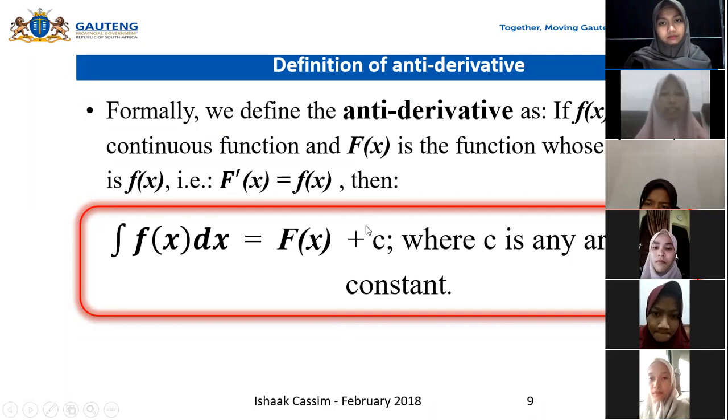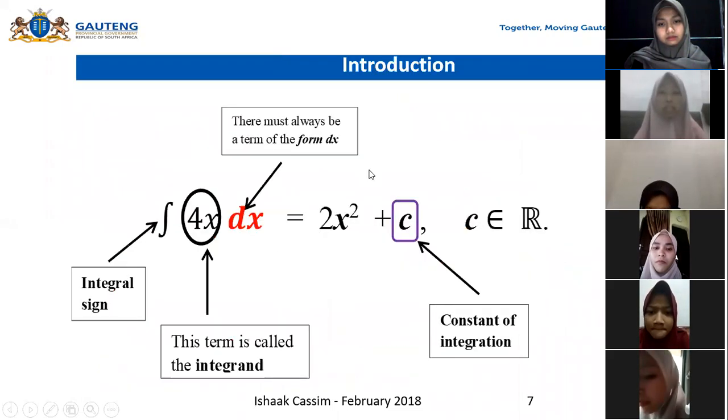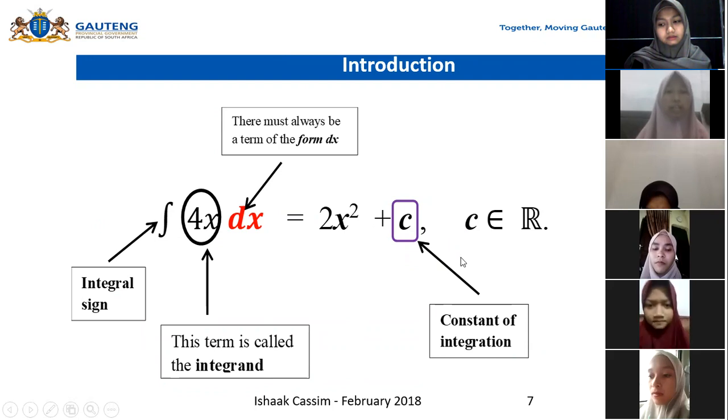This F(x) is the same as the example that I gave you. The 2x squared is the F(x) and the 4x is the function. This is the sign of integral and c is a constant.